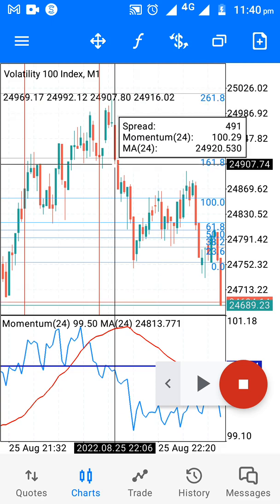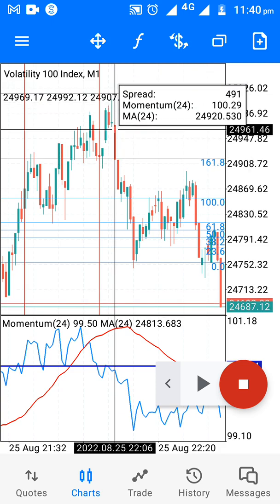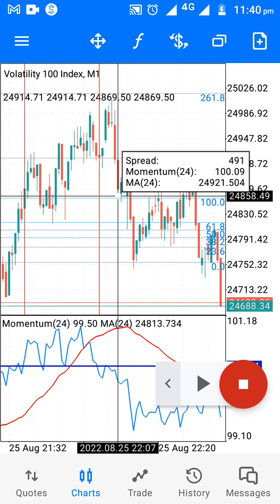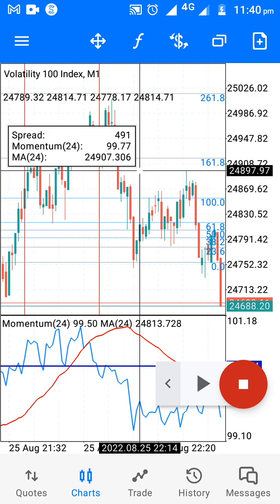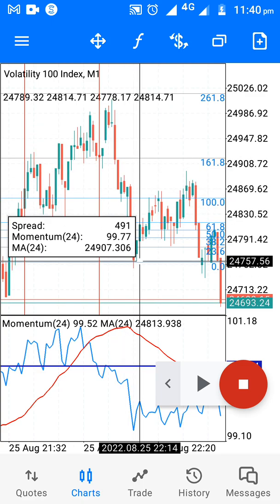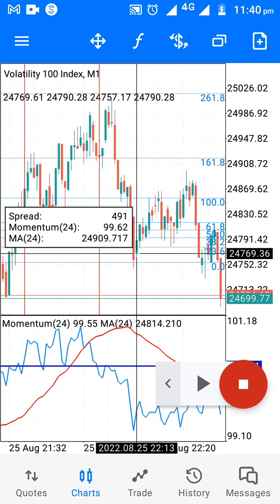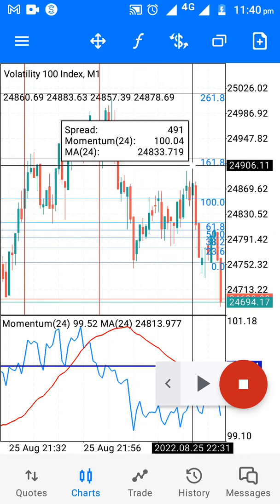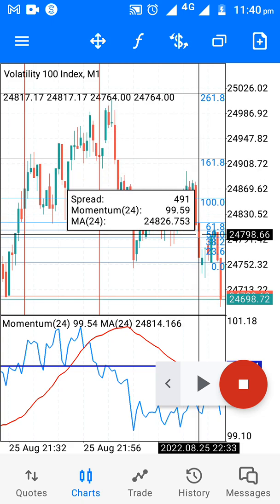And then it was after engaging 261.8 that the market came down again, broke the 100 level of the previous period, and then engaged 0 level. After engaging 0 level, it went again to attempt 161.8, rejected, and back to 0.